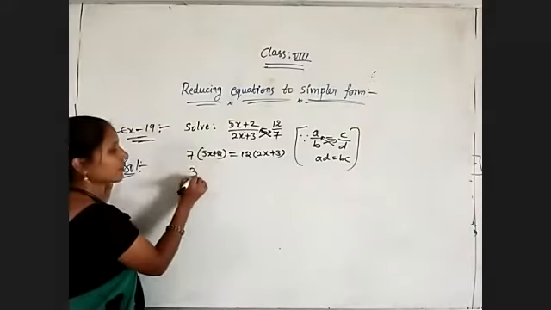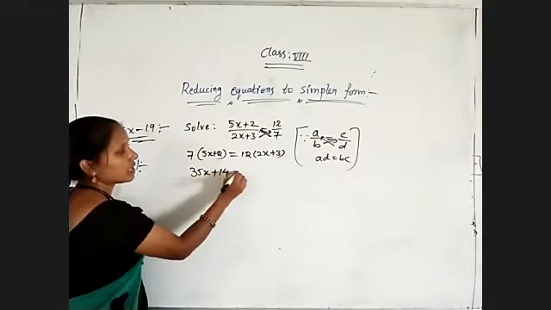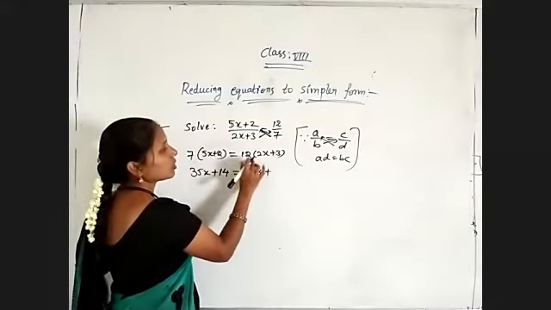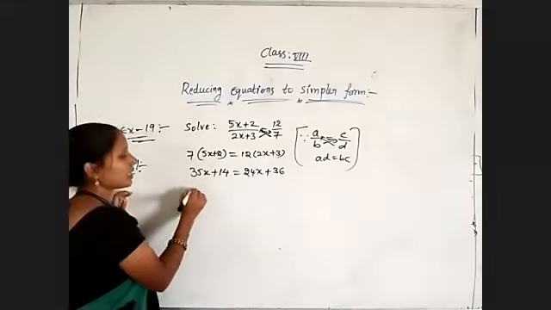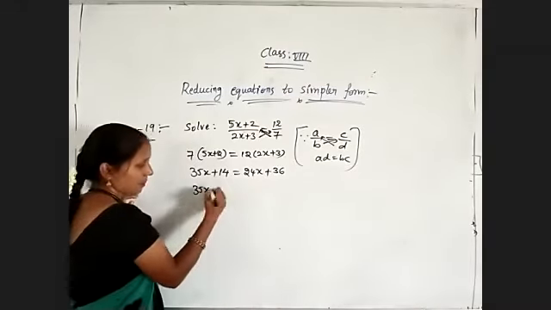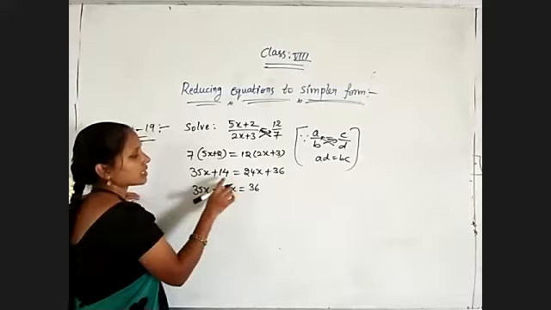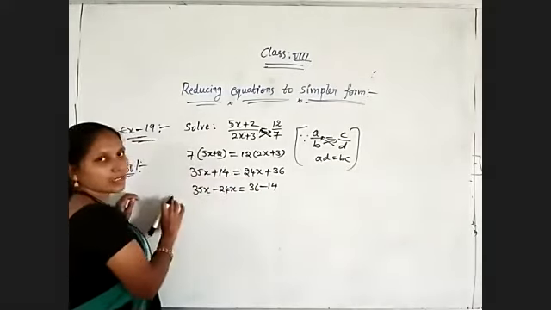7 5s are 35x plus 7 2s are 14 is equal to 12 2s are 24x plus 12 3s are 36. Bring the x terms to this side. 35x minus 24x is equal to 36 minus 14, because by bringing 14 to that side it becomes minus 14.